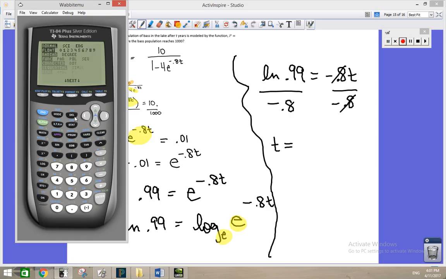Let's round that to 2 decimals. Number of years. So this is saying that not even a year, just a small fraction of a year went by.